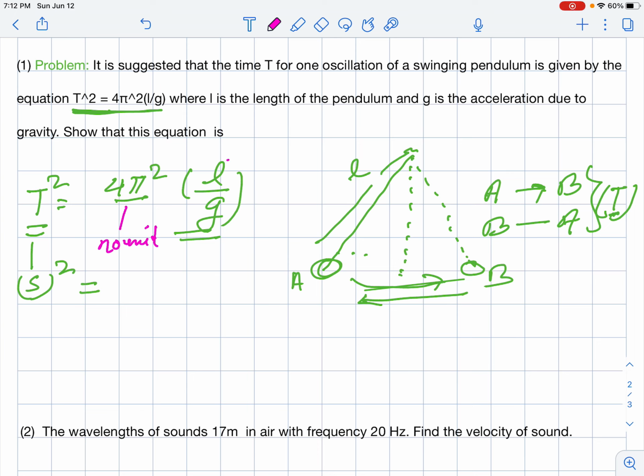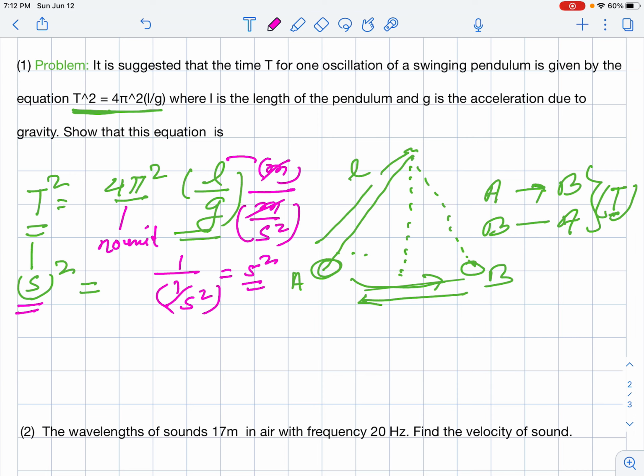Length is measured in meters, and g is the acceleration due to gravity, which we measure in meters per second squared. The meters cancel, so it becomes 1 over 1 over second squared, which is second squared. So the unit on the right-hand side is equal to the left-hand side, so this equation is homogeneous.